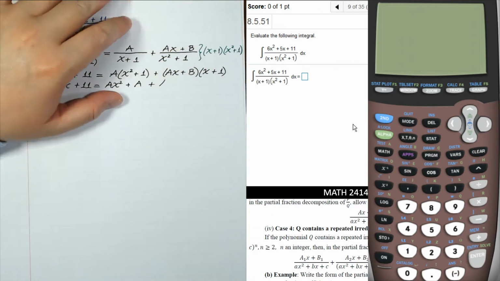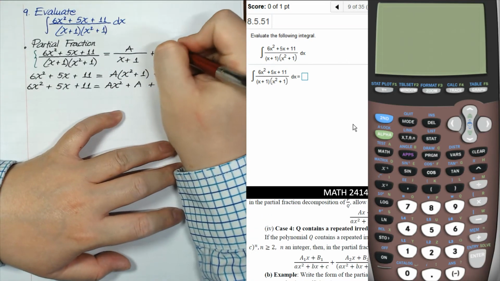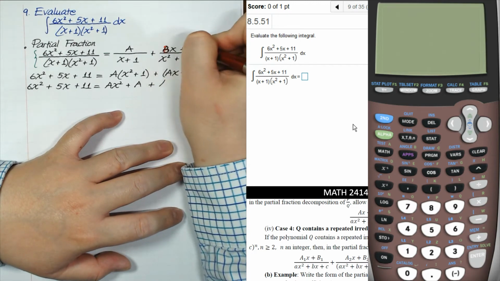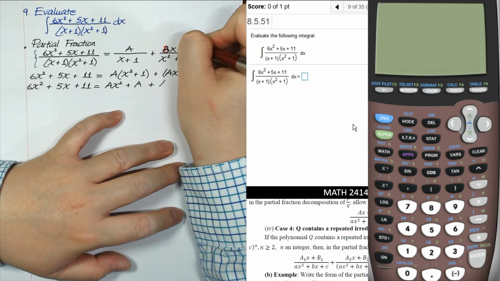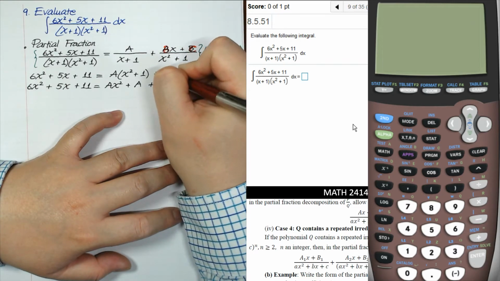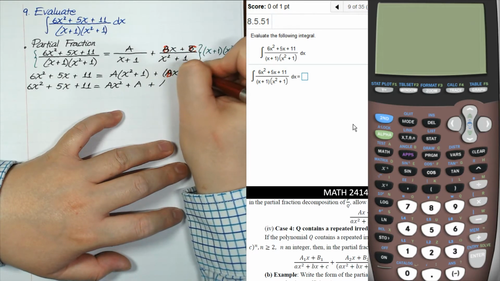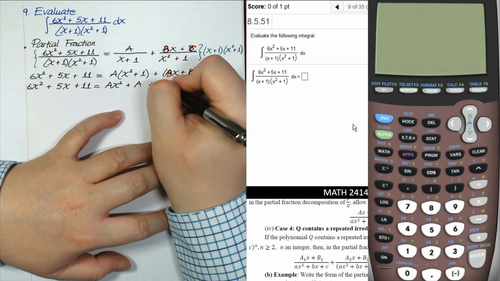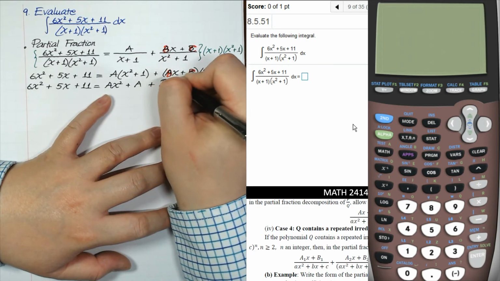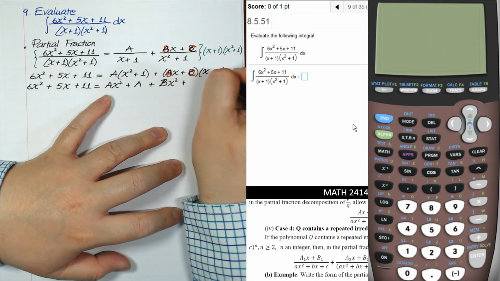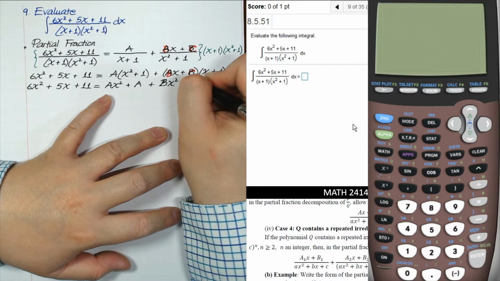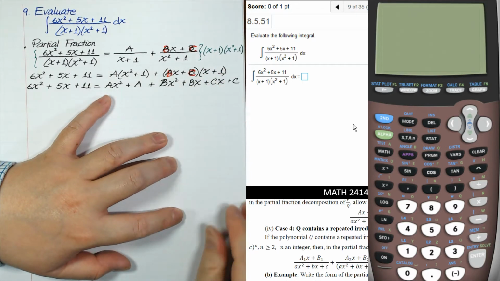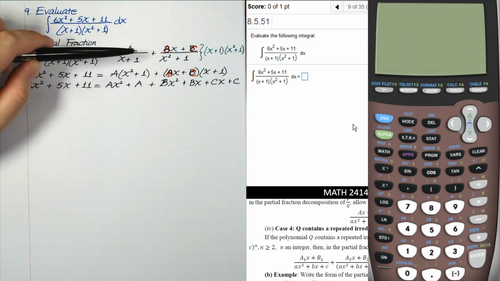All the coefficients have to be different. Right, so B and C: Bx plus C. Right, Bx squared plus Bx plus Cx plus C. Sorry about that.